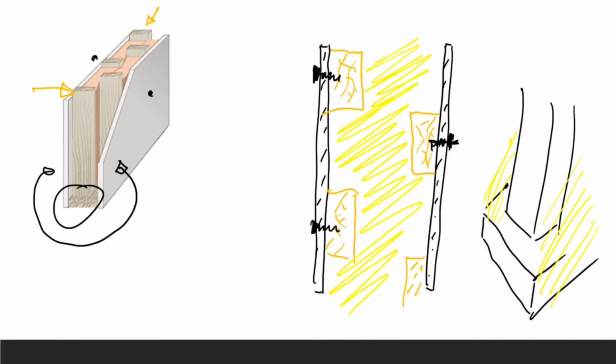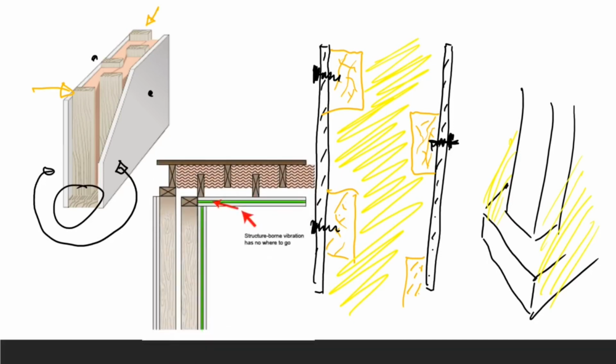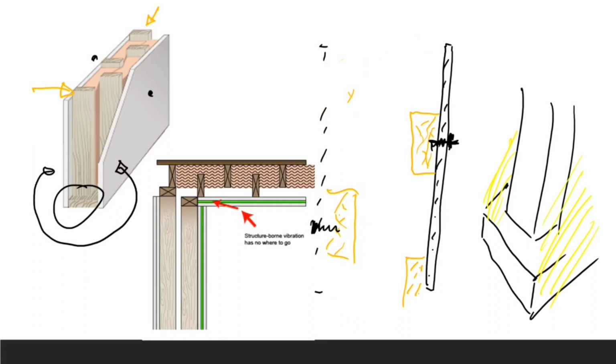Now where you do fix the walls together and the studs together, you'd be looking at something like this, where structure-borne vibration has got nowhere to go. So let me just erase this again, and I'll explain what I mean.